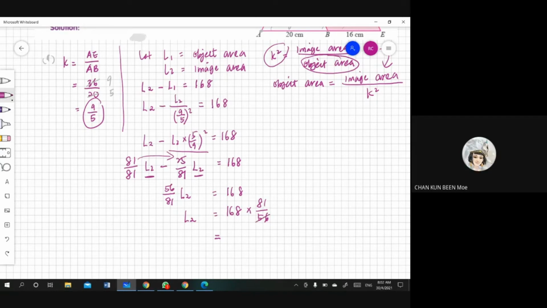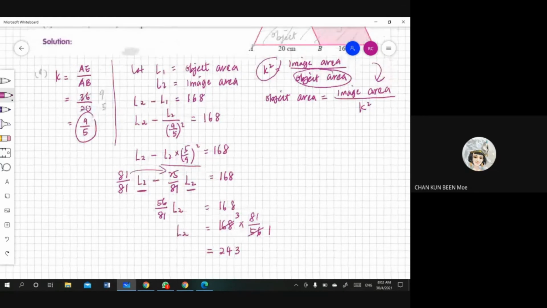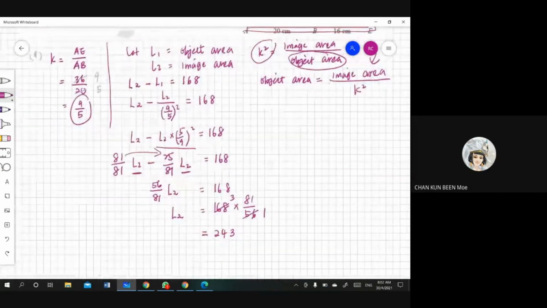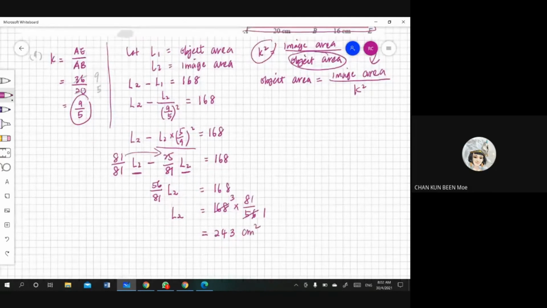Yes, thank you, because this is 1, this is 3. 3 times 1, 3. 3 times 8, 24. Okay, 243. So the area of the image, just re-answer again. The area of trapezium AEFG is equal to 243 squared centimeter. So we just rewrite again down there. Are you okay?